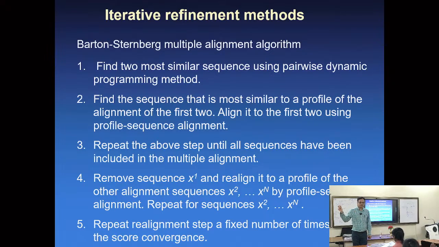Third sequence removed, aligned against the group of remaining sequences. Then the fourth sequence removed, aligned against the group of remaining sequences, and so on. Do this process several times, some defined number of iterations, or until convergence. Convergence means that the score is no longer increasing.